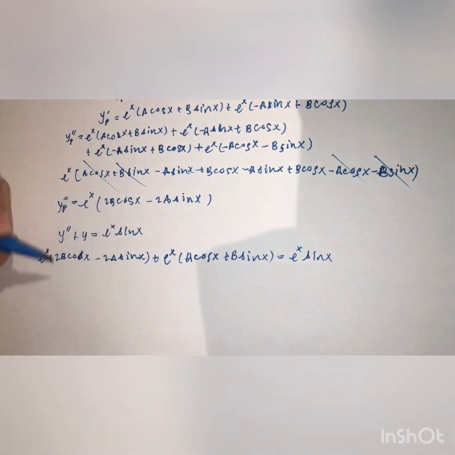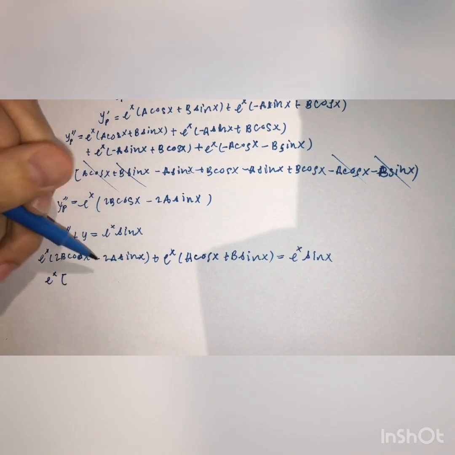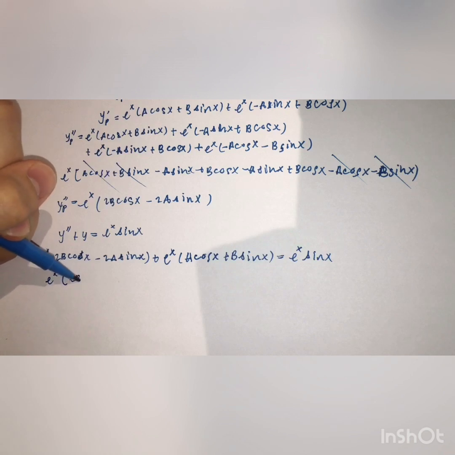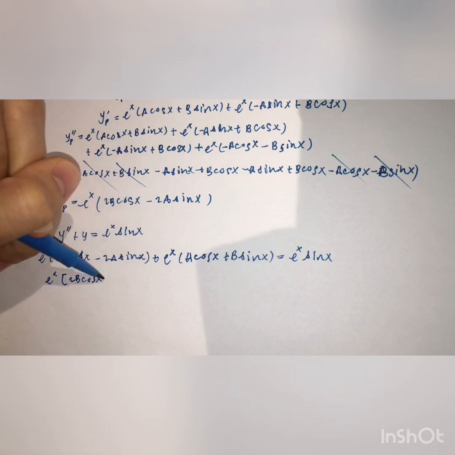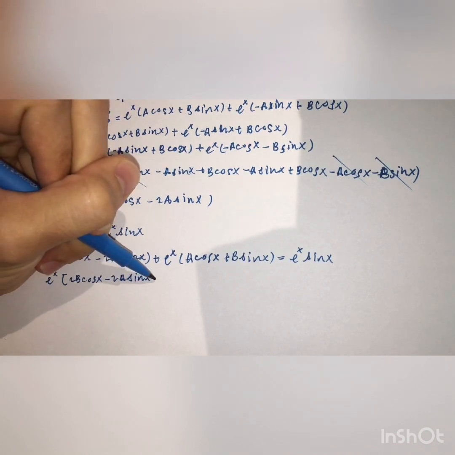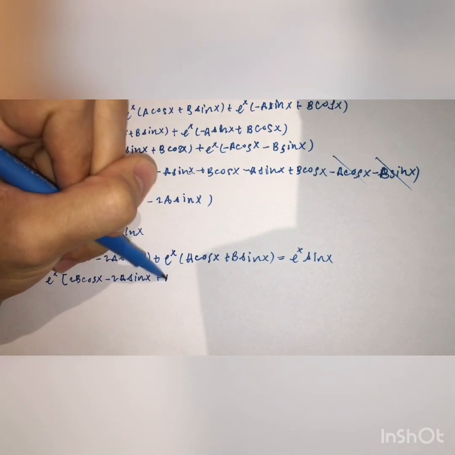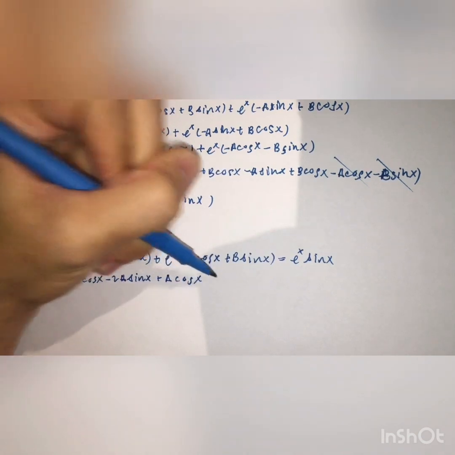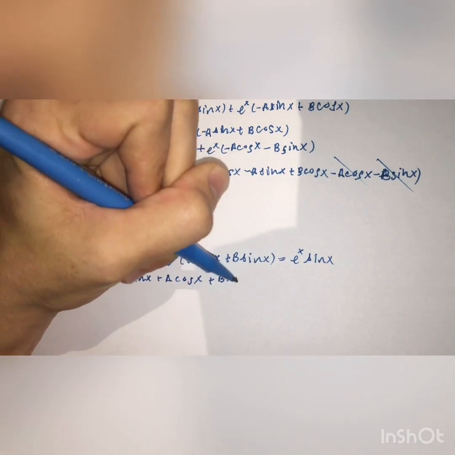Okay, so now let me factor out another e to the x. And then we have 2b cosine of x minus 2a sine of x plus a cosine of x plus b sine of x.